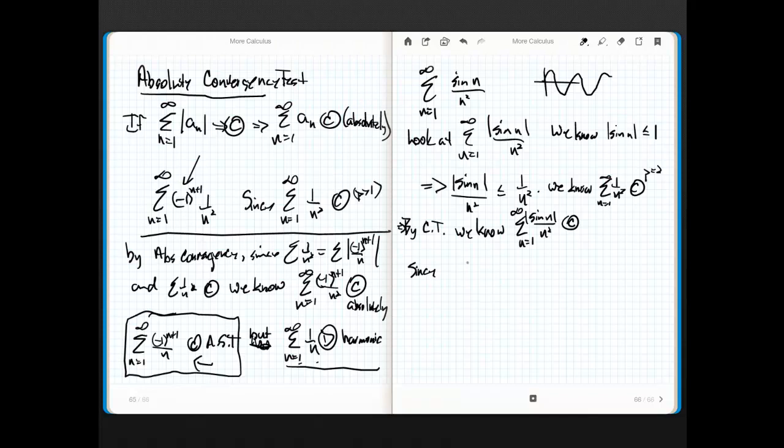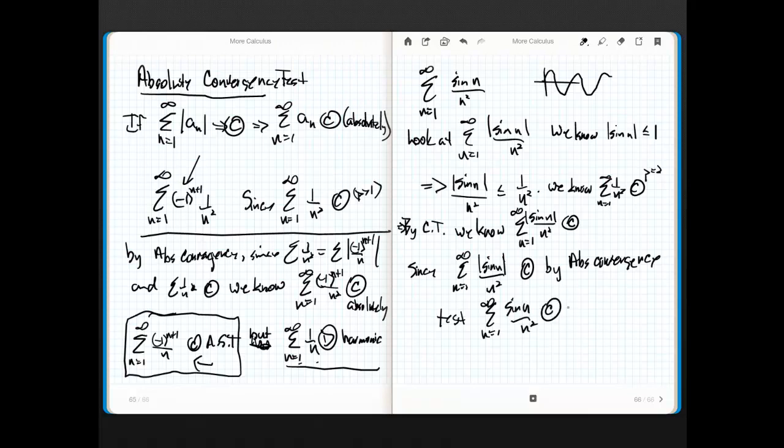Since the sum as n goes from 1 to infinity of the absolute value of sine n over n squared converges, by the absolute convergence test, we know the sum as n goes from 1 to infinity of sine of n over n squared converges, but it doesn't just converge, it converges absolutely.